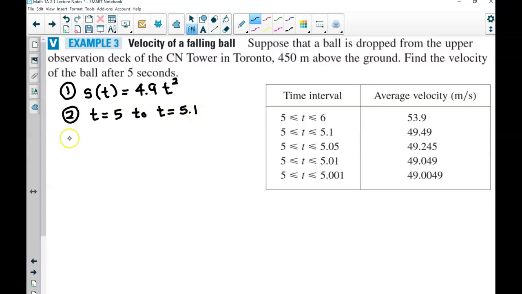So the average velocity is equal to the change in position divided by the time that has elapsed.